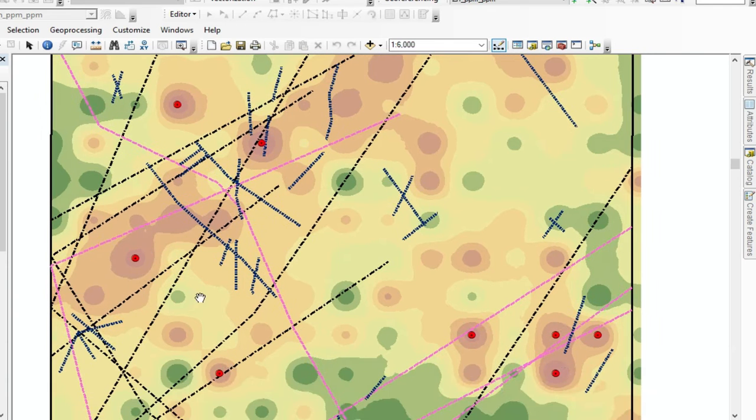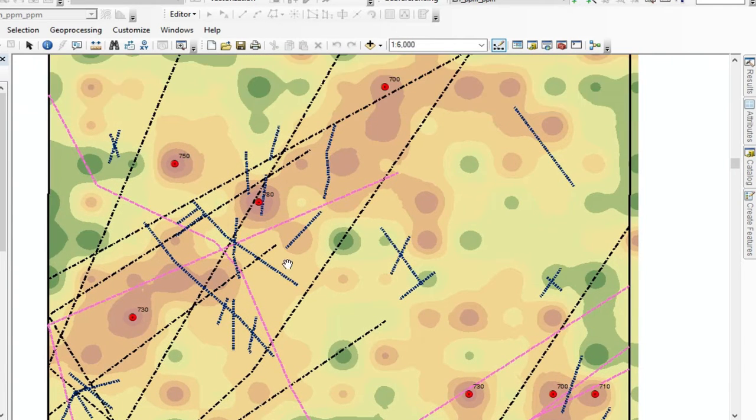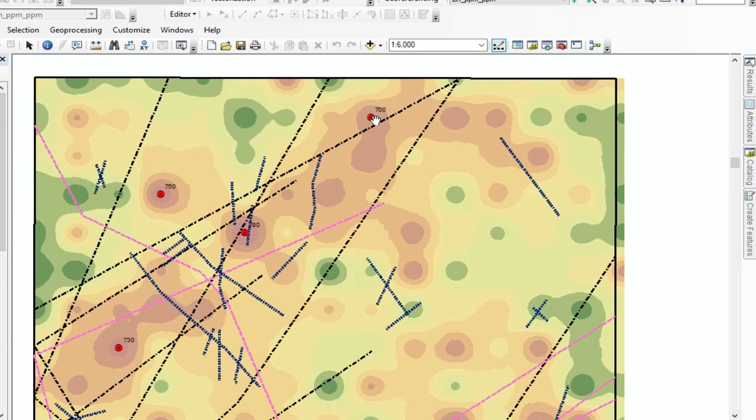So if we're looking at the most important points from here, this will be considered first, having coincided with, okay, let's look at our targets from the gravity, the microgravity.